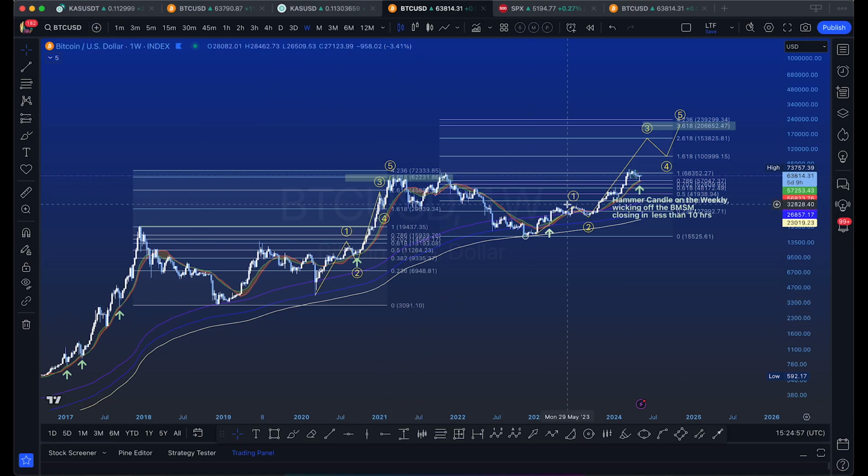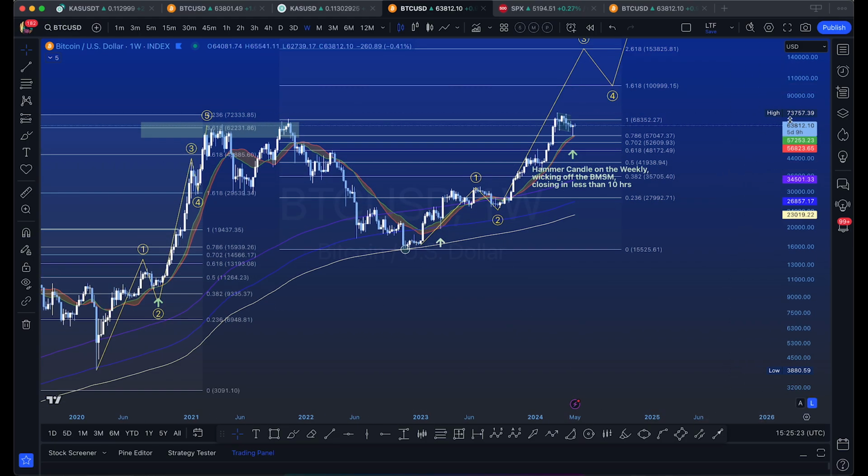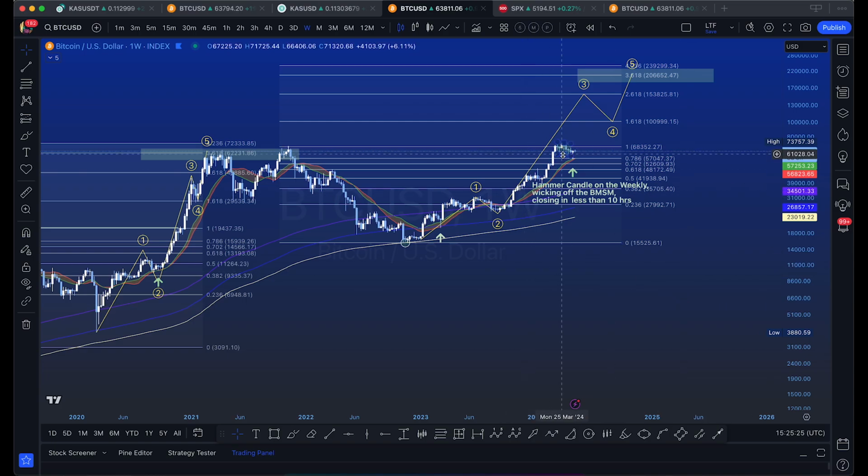So what we don't want to see again is Bitcoin falling below these moving averages, in which case, if it starts backtesting these moving averages, then we have to look at some lower moving averages as potential targets for support. We're not going to go into that right now because it's not really super relevant, but that is something for another day, perhaps next bear market, assuming Bitcoin continues up.